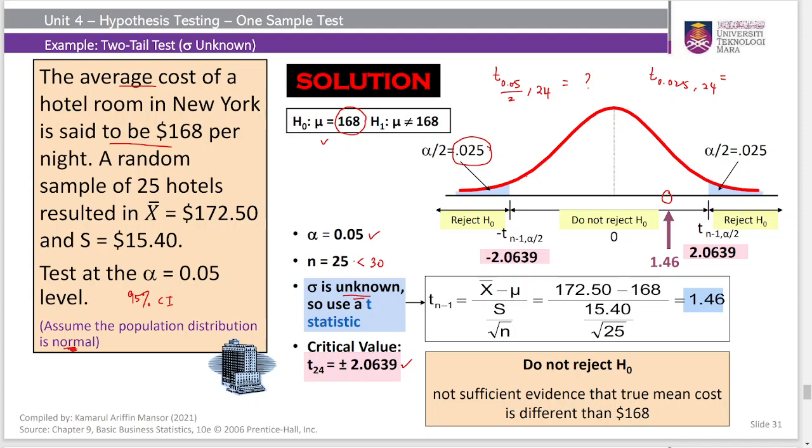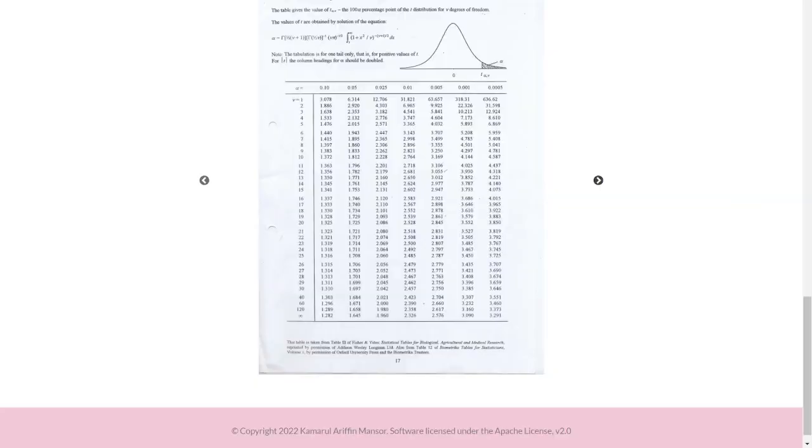So you have to take the significance level and divide it by 2. If this is a one-tail, then you just use the value of alpha 0.05. But for this situation, you need to divide by 2 because it is a two-tail test. So 0.025.